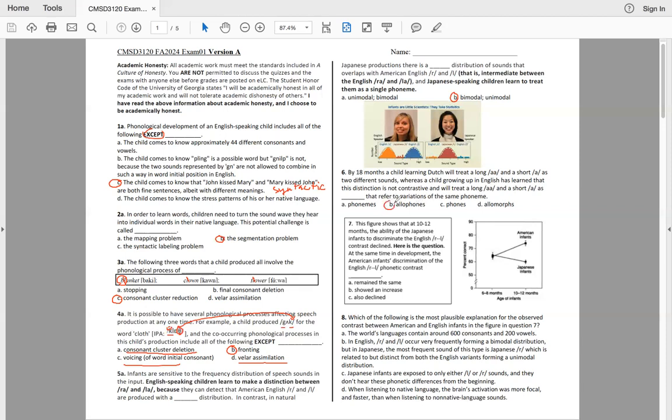The variations of the same phoneme are called the allophones of the phoneme. We have mentioned this before: in American English, vowel length is not a contrastive feature, but vowel length is a contrastive feature in Dutch, and in fact it's also a contrastive feature in many other languages.